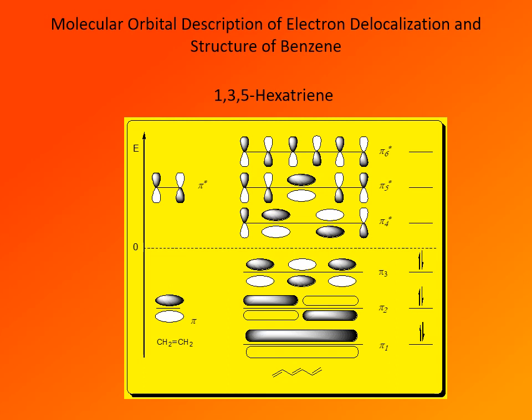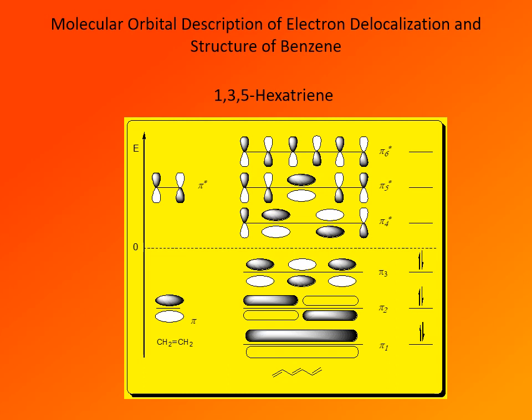Note that the lowest energy orbital, pi 1, envelops the entire molecule. So electrons are clearly delocalized. Then the second orbital in order of increasing energy, pi 2, has a vertical node in the middle between carbons 3 and 4. So it still shows electron delocalization.